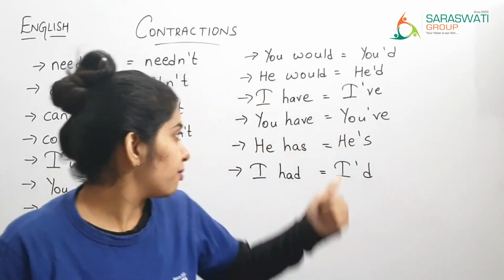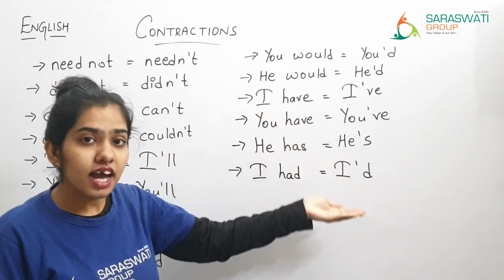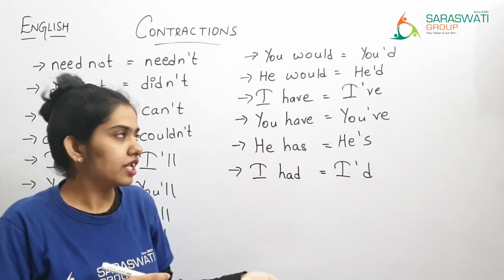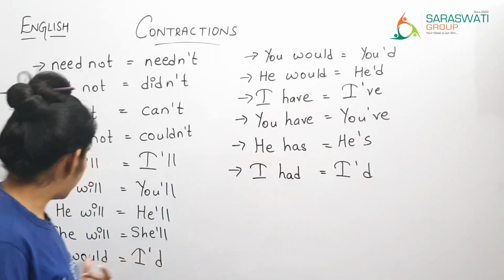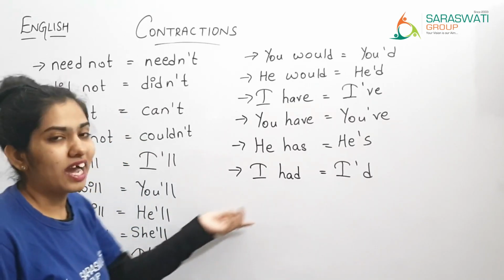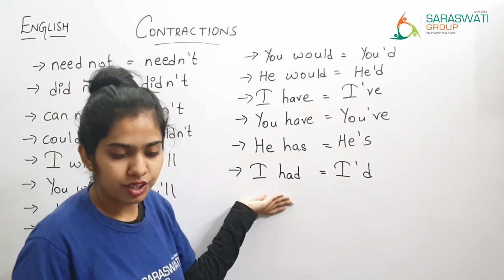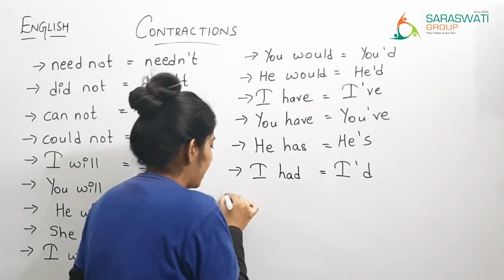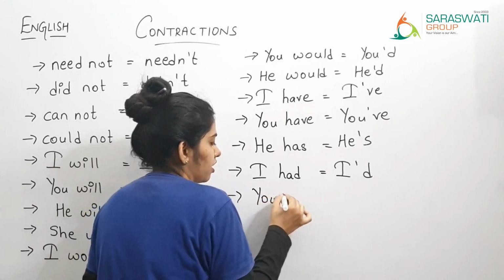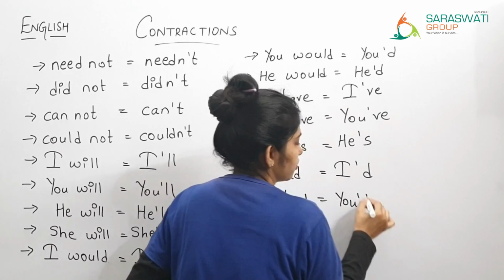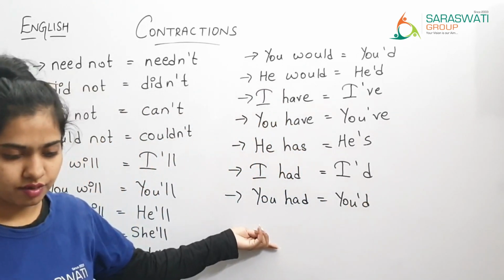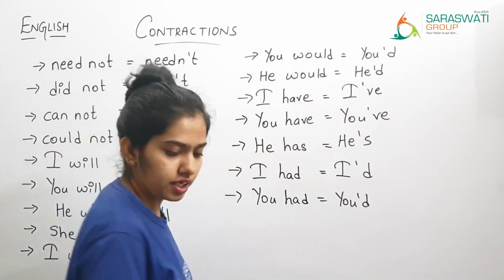Just as we said earlier, he has or he is comes. In the same way over here also you need to identify whether I would will come or I had will come. Right? Then you had. You had. So you apostrophe D. Then afterward letters.